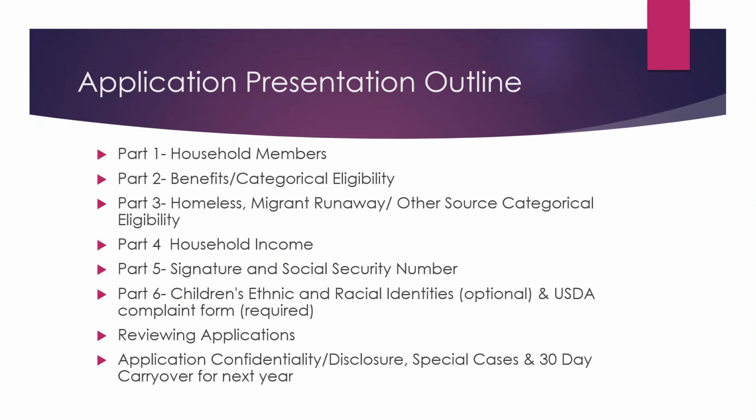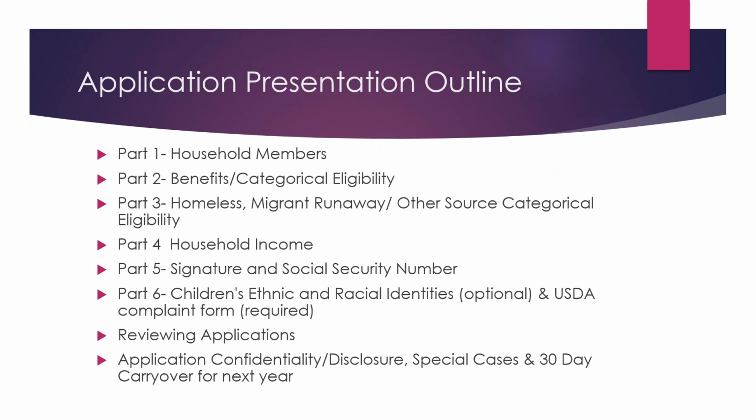So what we're going to talk about today is the application presentation outline. We're going to be going through each of these parts formatted to the USDA prototype application that most schools are using for the 2016-17 school year. So Part 1 looks at household members. Part 2, benefits and categorically eligible opportunities.